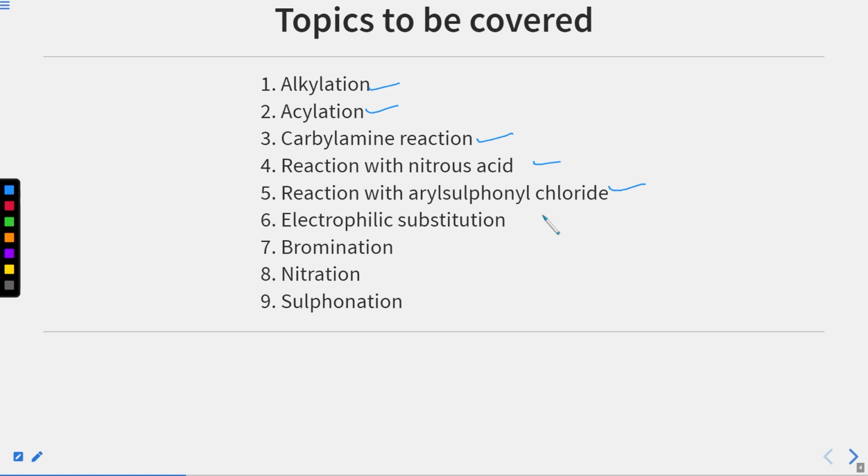These are mainly reactions of alkyl amines, although they are given by aryl amines also. After that, we will move to reactions specific to aryl amines, the first being electrophilic aromatic substitution, in which we will study bromination, nitration, and sulfonation. So let us start today's class.